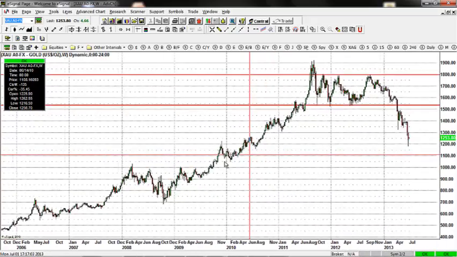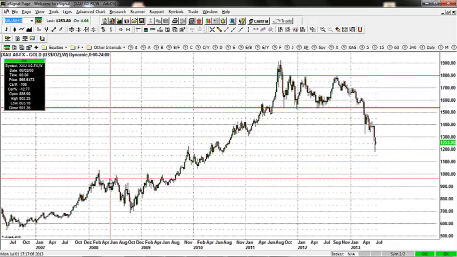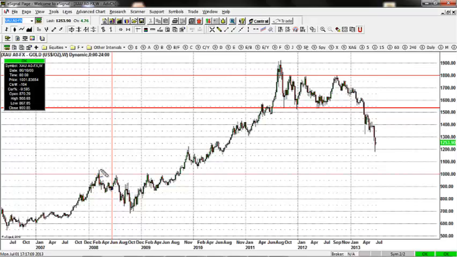This is a weekly chart of gold, and we can see the last major pullback you had in the market before this one was in 2008-2009, when the market declined from $1,000 to roughly 700, and then it took off from there for roughly a 2.5, 3-year run, running from 700 up to 1900.